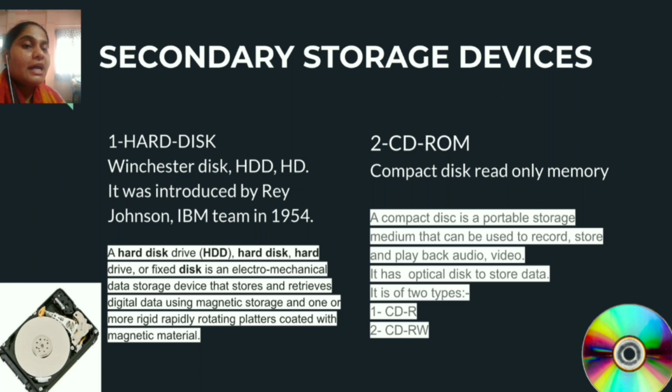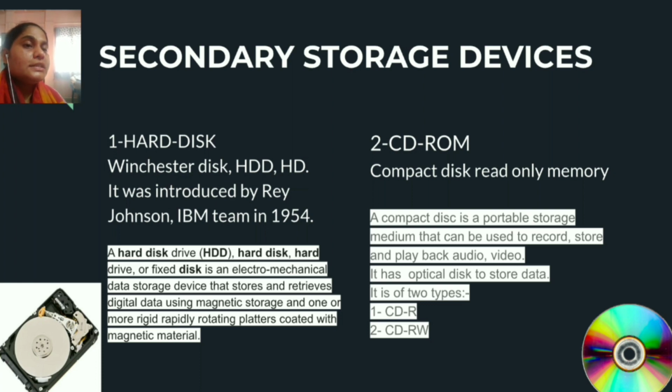A hard disk, hard drive or fixed disk is an electromechanical data storage device that stores and retrieves digital data using magnetic storage on one or more rigid, rapidly rotating platters coated with magnetic material. And I hope everyone has seen it.